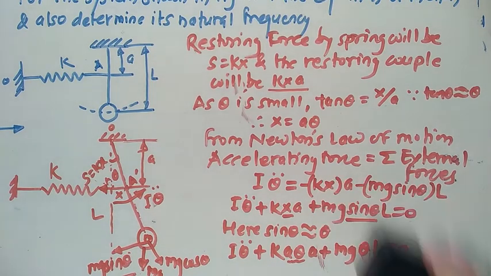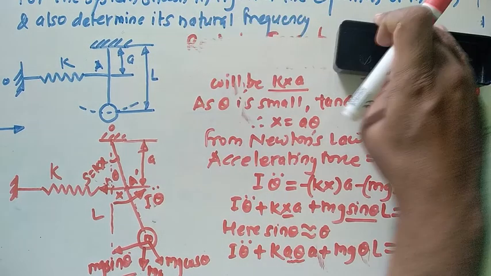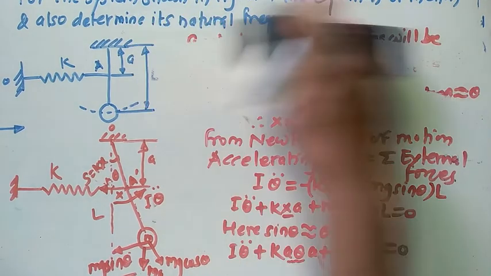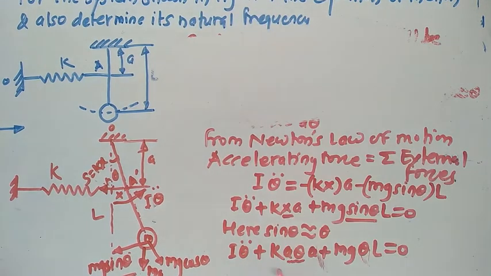Once we get this equation, try to write it in simple form so that you can compare it with the SHM equation. So I theta double dot plus k into a theta times a plus mg theta L equals 0.